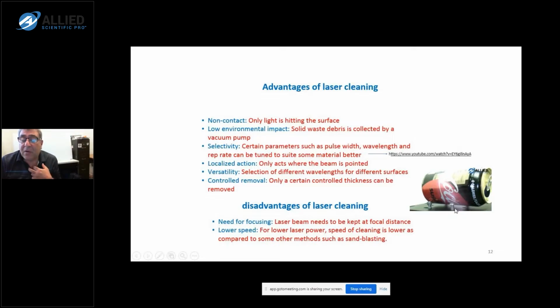I'll show you a video where it becomes very clear what the selectivity means: certain parameters such as pulse width, wavelength, rep rate, and also pulse energy, which I should mention here, can be tuned to suit some materials better. Localized action, versatility, controlled removal. Only a certain controlled thickness can be removed.